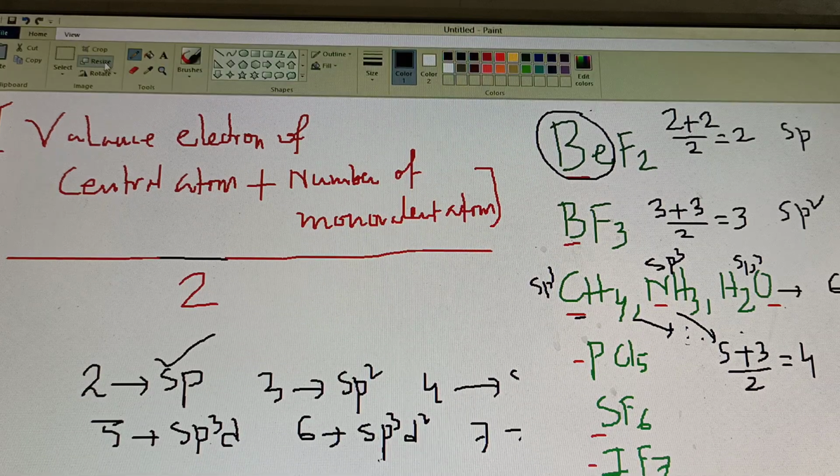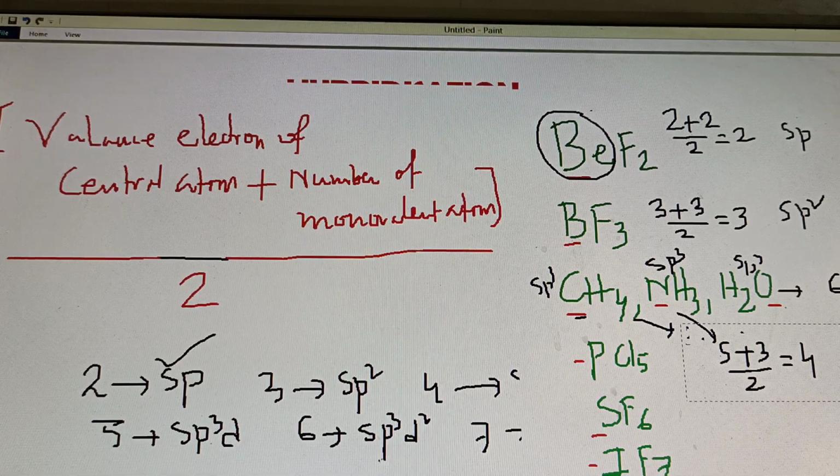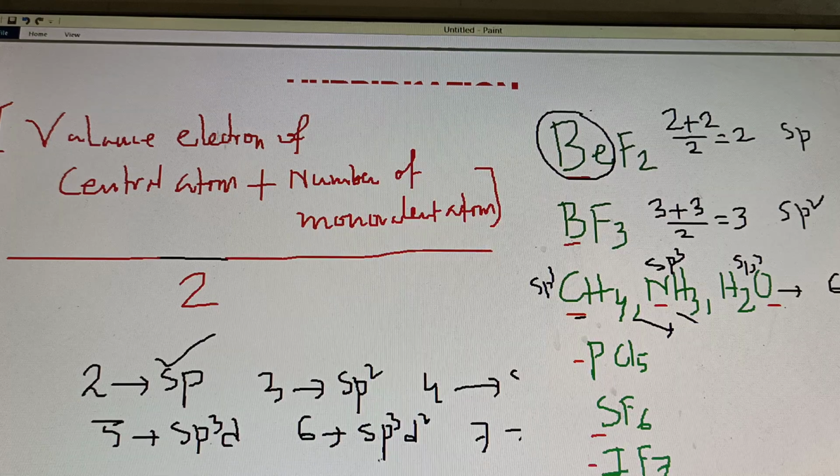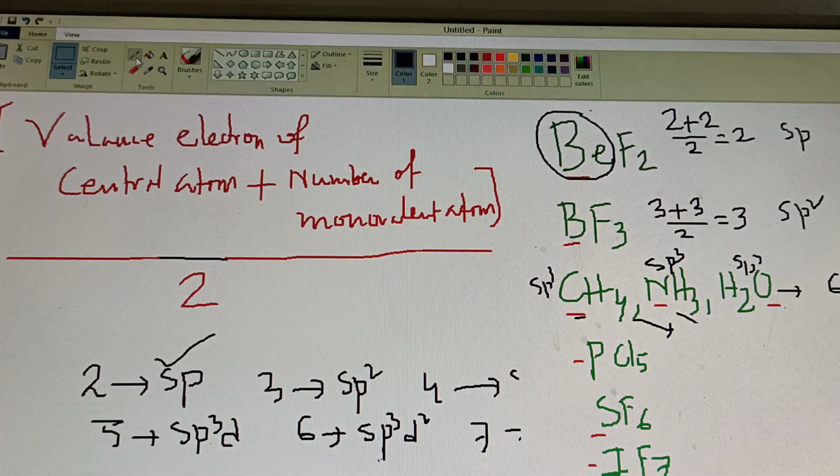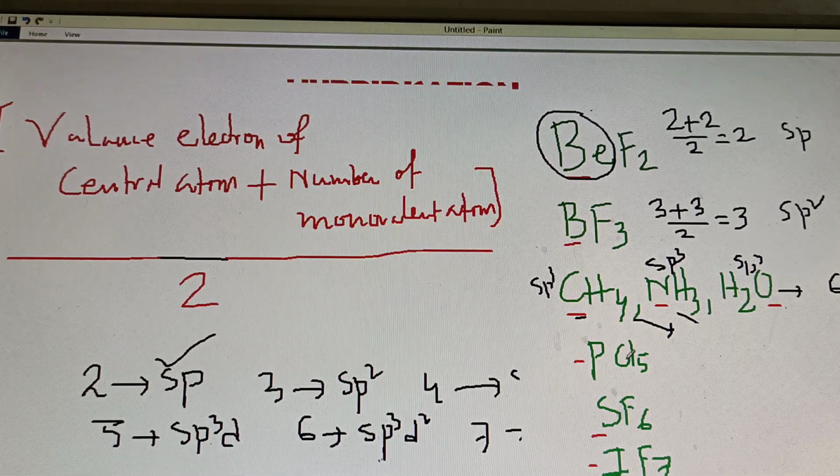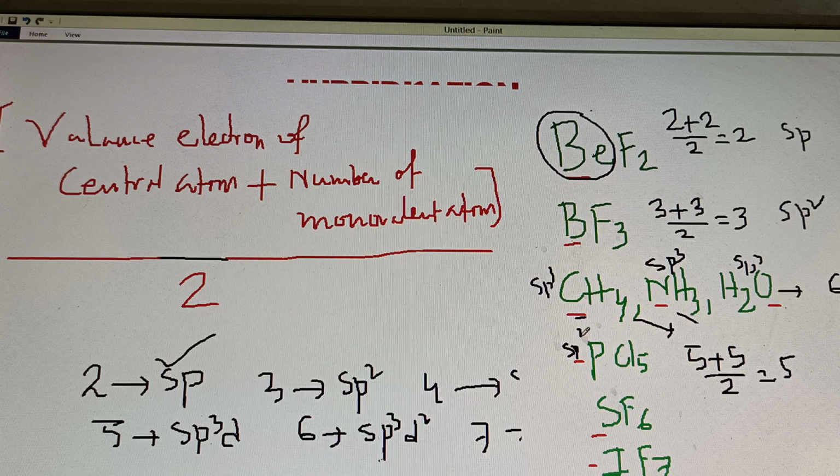Okay, next come to PCl5, phosphorus, group 15. So the number of valence electrons is 5, like nitrogen, plus 5 monovalent chlorine attached, divided by 2, equal to 5. 5 means sp3d. Clear? Next SF6, sulfur, group 16.